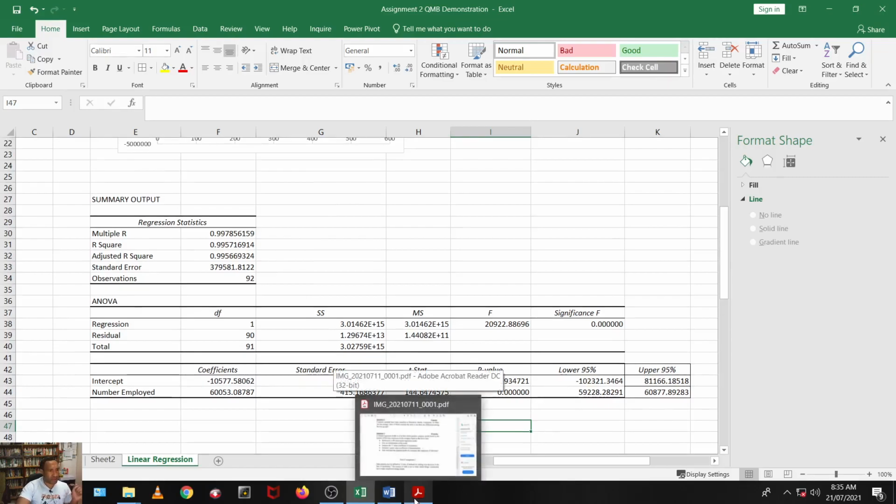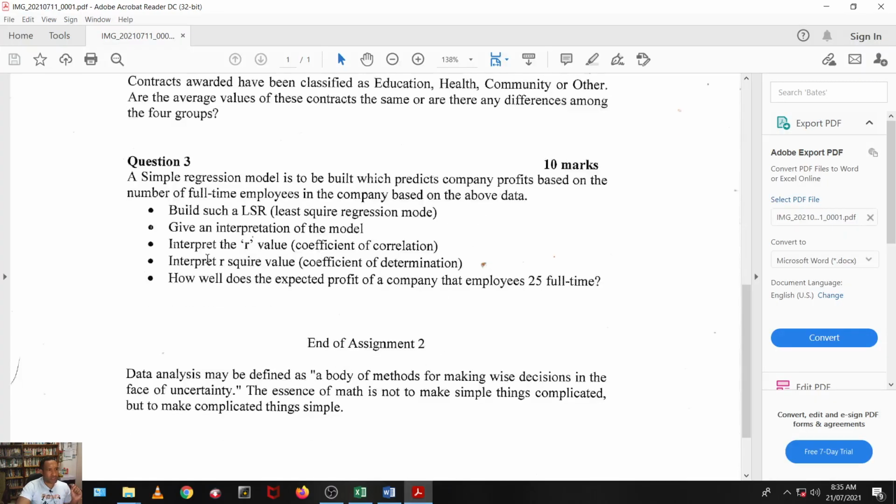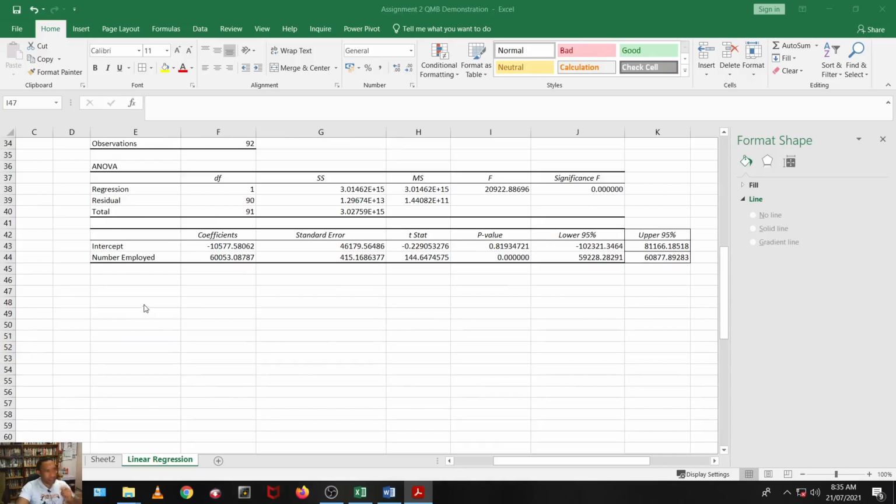And that's the answer to our first question. For the second question, it says, give an interpretation of the model. I think you should also put the actual model down here, which is y equals the gradient of the number employed, and the gradient is 60053.